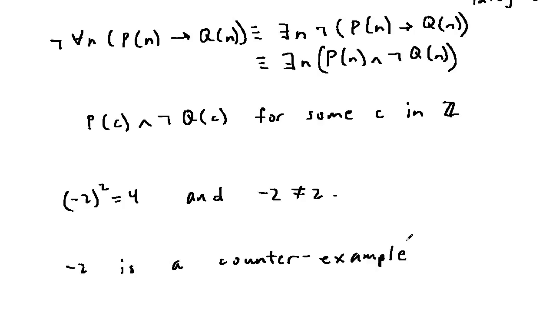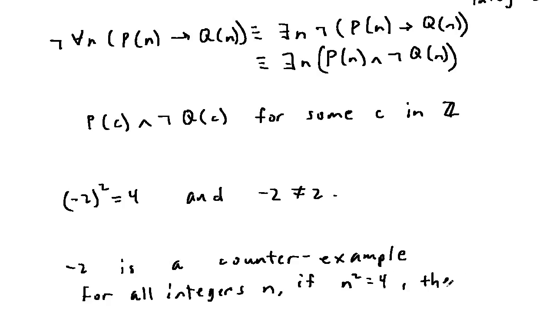It's a counterexample to the universal statement, which says for all integers n, if n squared equals 4, then n equals 2.